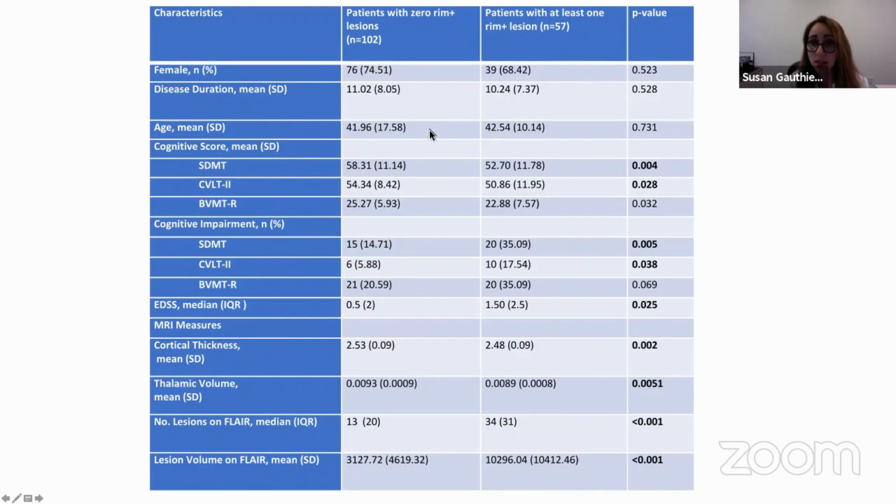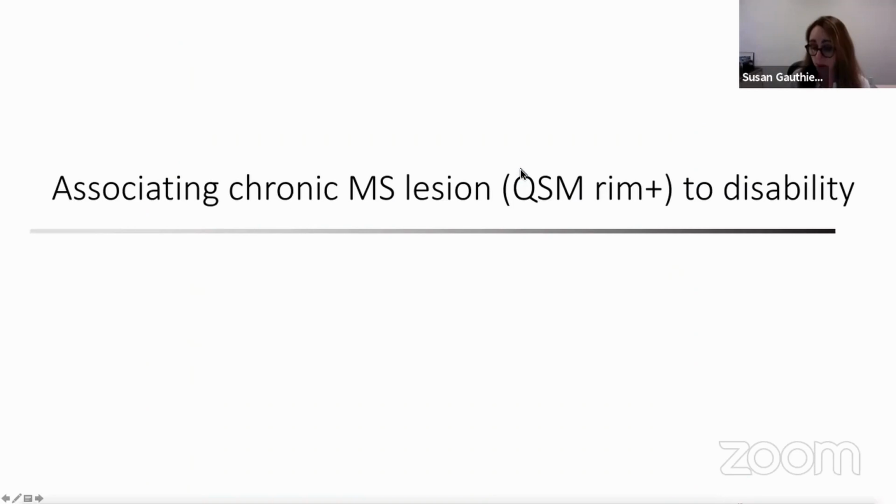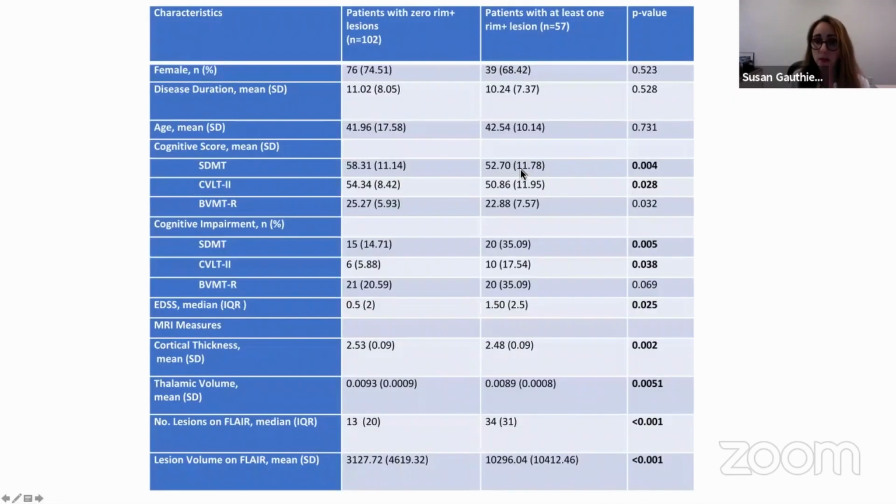You can see on this simple univariate analysis that there is a difference between patients with one rim positive lesion, meaning that they seem to have a little bit more cognitive impairment, at least on two of their scores, and they seem to have a little bit more disability.